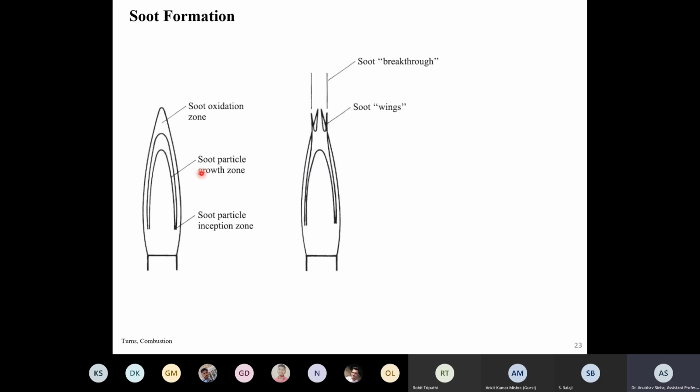What are the various regions? Initially, when the flame comes out near the burner rim, you see what is called the inception zone.